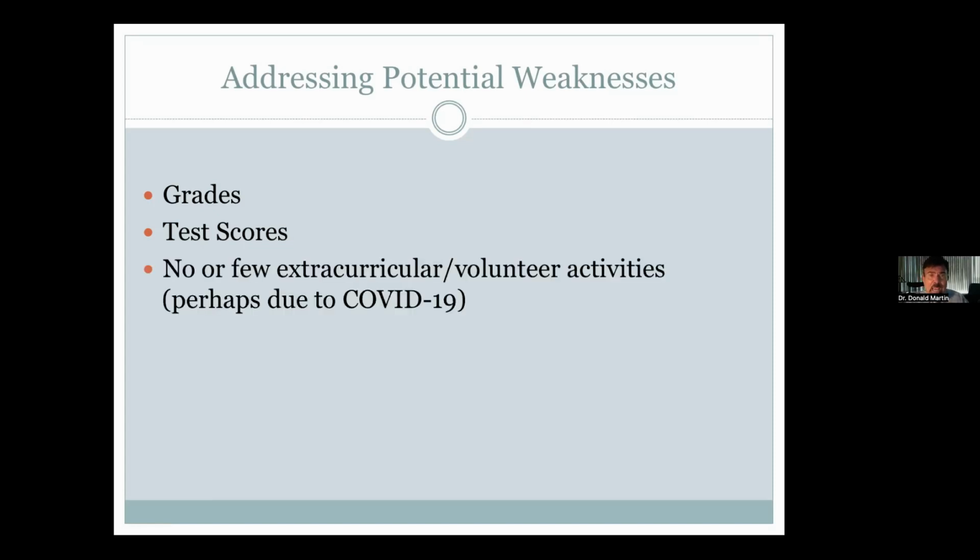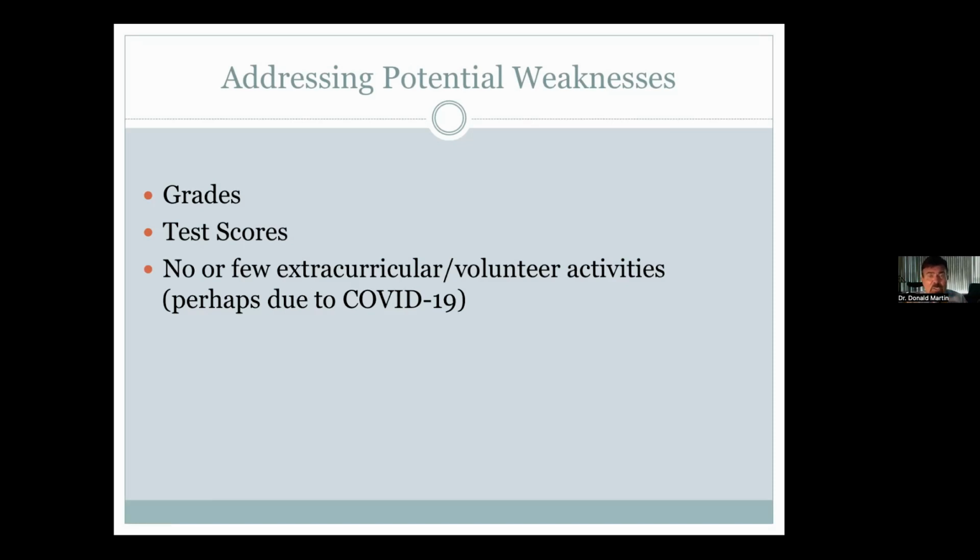Another area that is very much going on right now with applicants is the fact that they were not able to participate perhaps in as many extracurricular or volunteer activities, especially because of the COVID pandemic. This is very understandable.